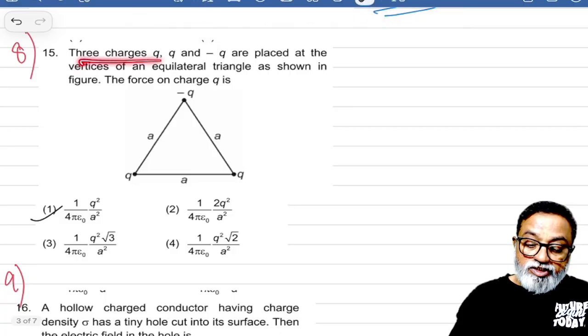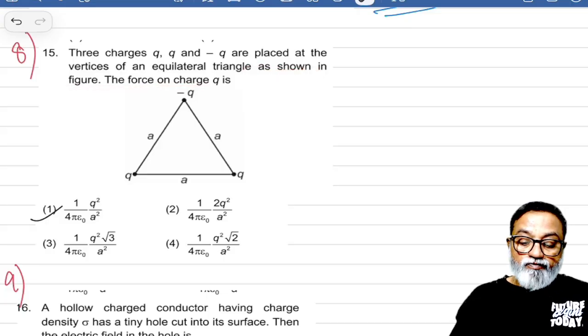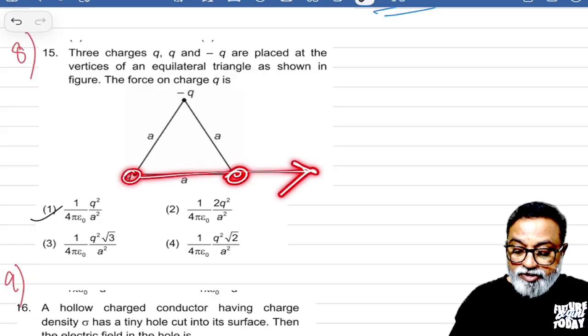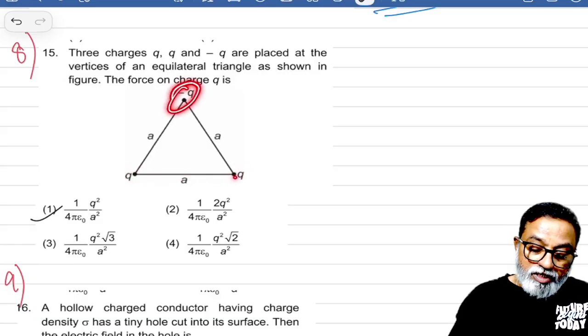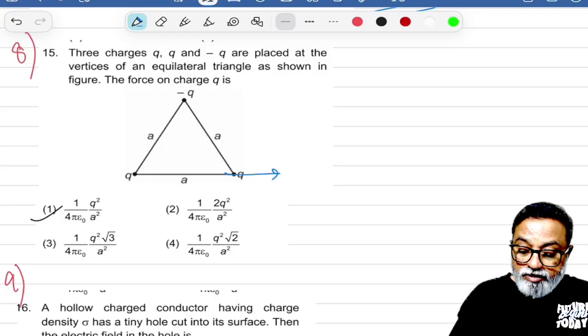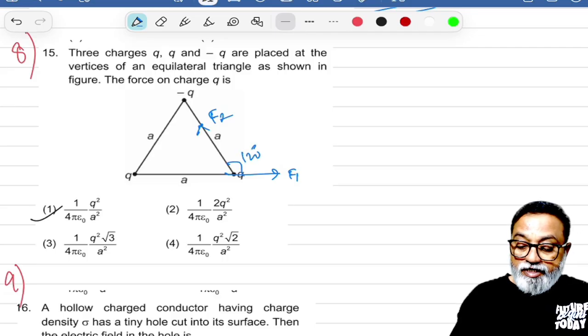Next one. Three charges Q, Q, minus Q are placed at the vertices of an equilateral triangle as shown in the figure. Find the force on the charge Q. See, due to this charge, it is a repulsive force, and due to this charge, it is an attractive force. Therefore, this is the repulsive force F1, and this is the attractive force F2. Here angle is 120 degrees, and F1, F2 are both same.